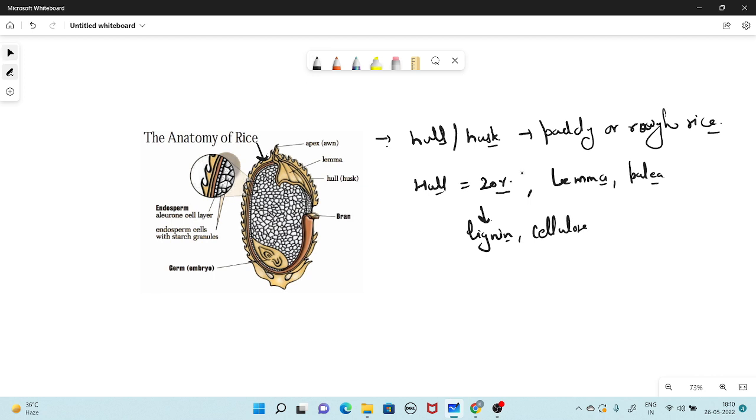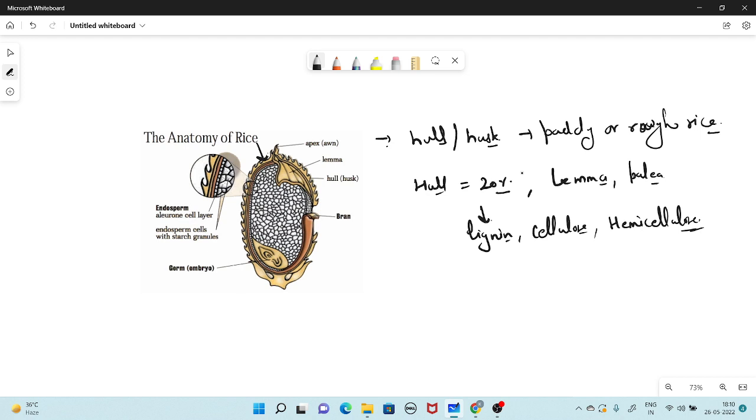The composition of the hull is that it contains lignin, cellulose, and hemicellulose components. If we talk about brown rice, it has the same structure as the others, but it does not have a crease structure in it.